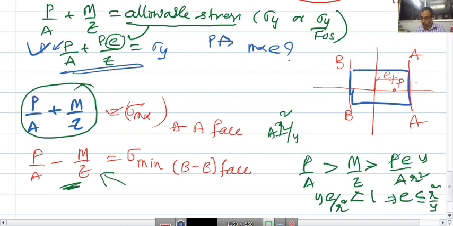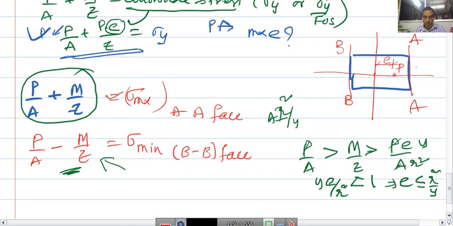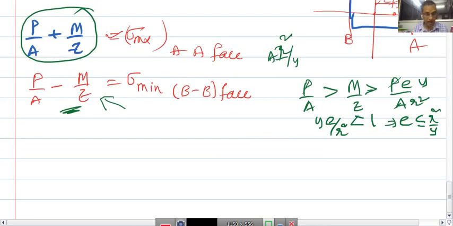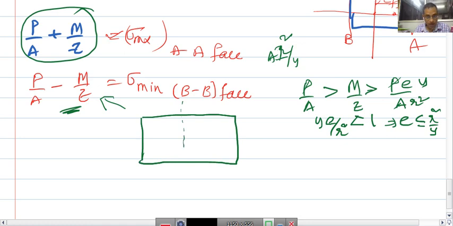So this is what we said, and that eccentricity I took as a different distance. Suppose I take a rectangular column, a solid rectangular column, and I try to write down a centroid like that, right.